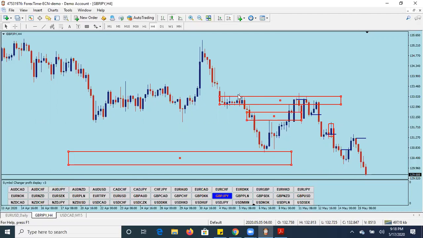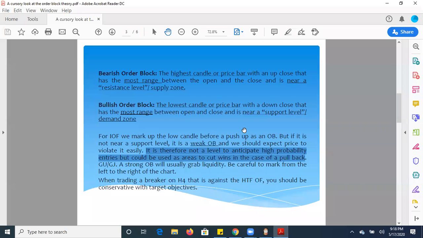So when price takes out liquidity and quickly runs away from that point, that is another definition of a strong order block, because price has picked out liquidity and is bailing away from that point. So here we have two ways we can look at a strong order block: as another block formed at a resistance or support level, and another block that occurs because price has taken out liquidity. So you want to have that at the back of your mind.